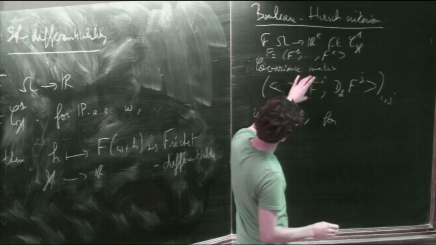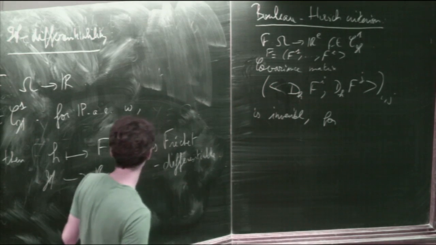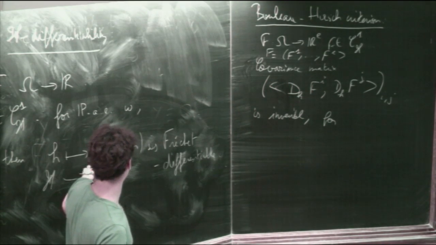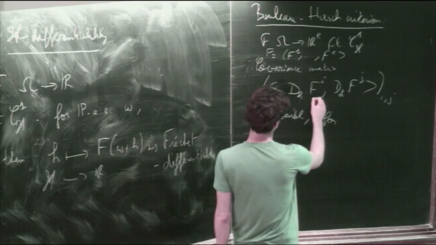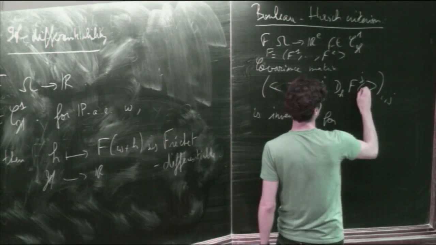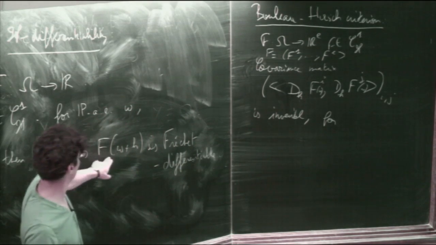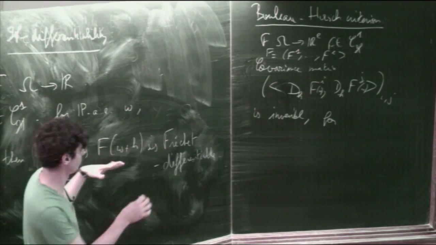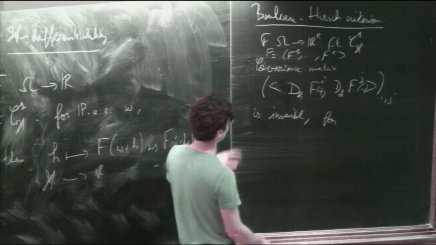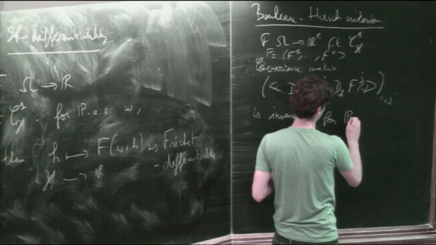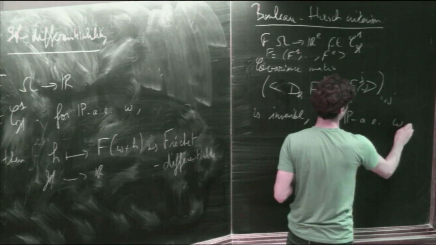This depends, of course, on omega, on this function of omega, where you look at the different derivatives at 0. And you ask that this matrix should be invertible for P-almost every omega.